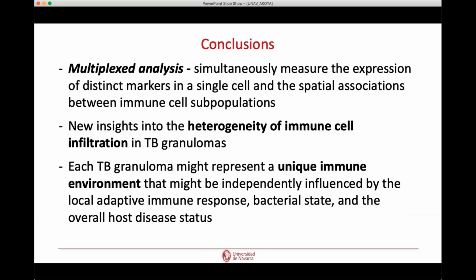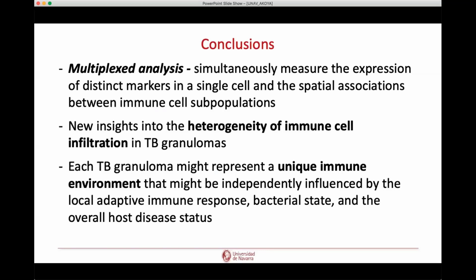Just concluding my talk, I wanted to show you that the multiplex panel can be used in other non-tumoral or non-cancer lesions, and it is a very good technique to identify several markers in one single cell, and also to study the spatial association between the immune cells.